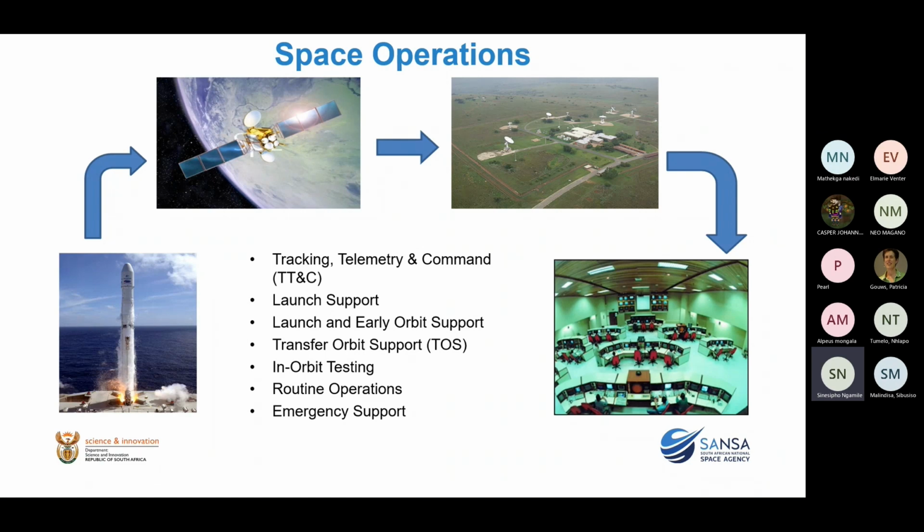We also host other satellite dishes from other space industries or other countries in the world, and we also work with other clients within the industry. So, for example, we work with the telecommunications industry, to monitor their satellites as well, or to track their satellites.